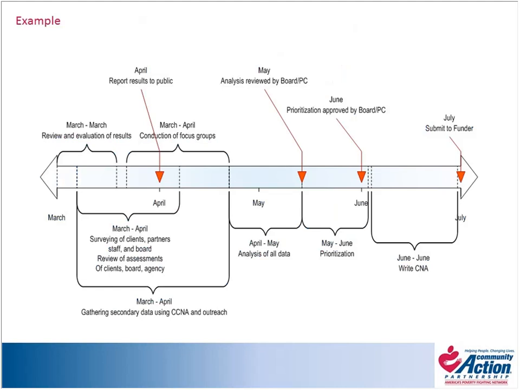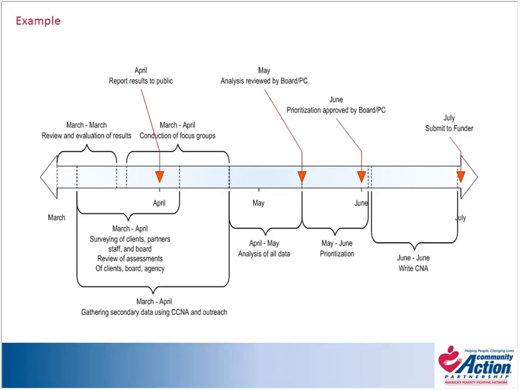So here are a couple examples of timelines that can be used. So you don't have to go out there and just guess, but you can actually use what some other states and agencies have used for their timelines. So this one came out of Missouri, and basically they took a process from March to July to collect all of their information as well as writing the report.